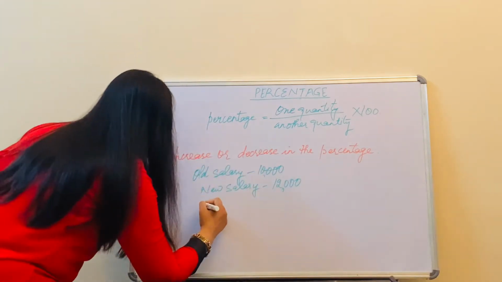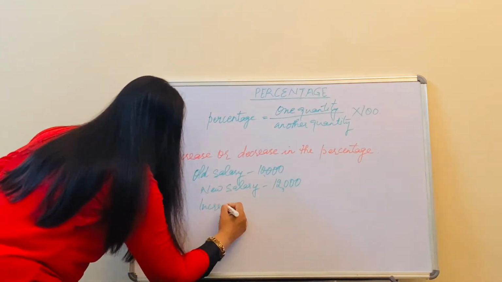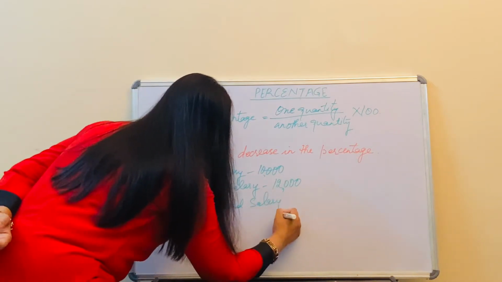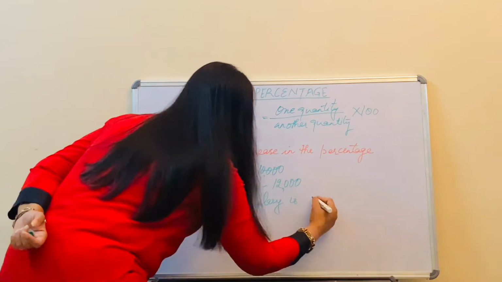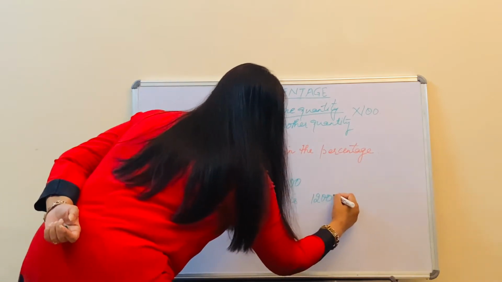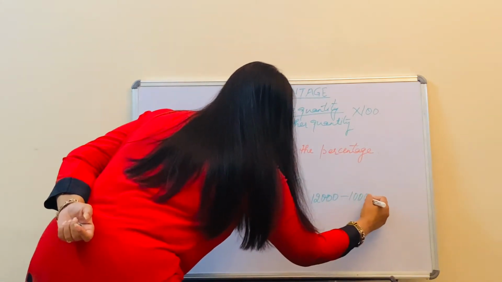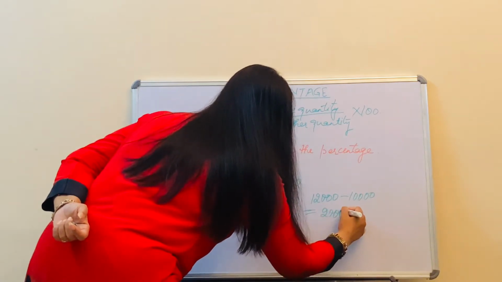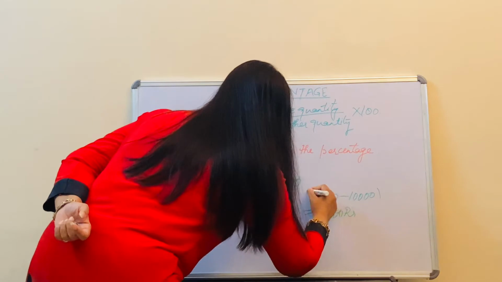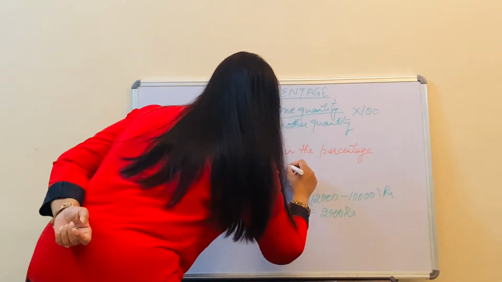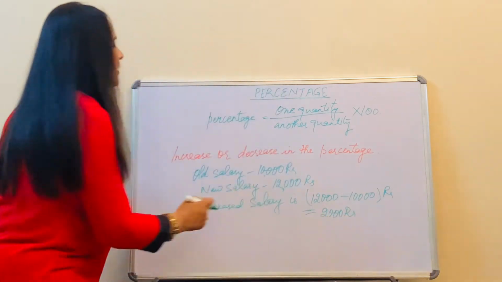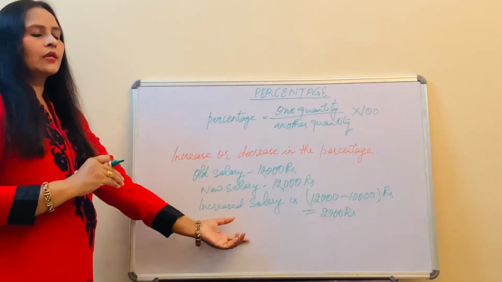So the increased salary is 12,000 minus 10,000, which comes out to be 2,000 rupees. How will we calculate how much salary is increased?